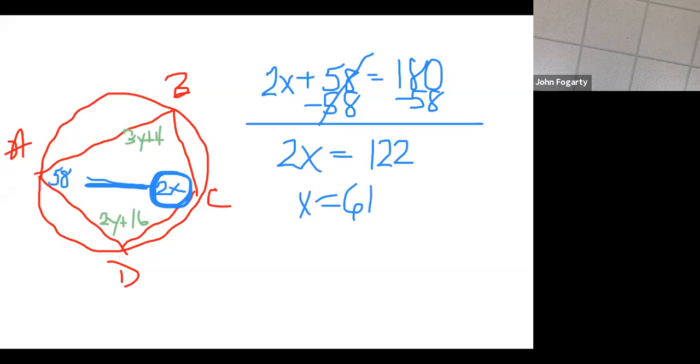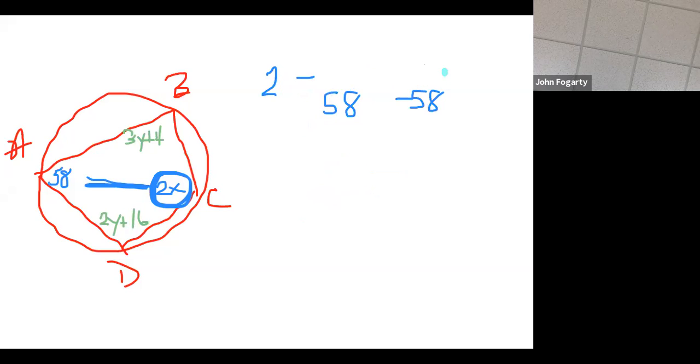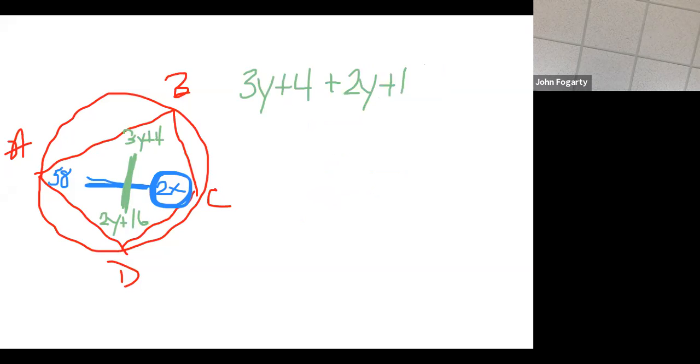Now, let's do the green numbers. Let's figure out what Y is. Well, I can only use Y's with Y's, so I know that angle B and angle D are supplementary. So B, 3y plus 4, plus 2y plus 16 equals 180. All righty, combine your like terms. What's a 3y and a 2y? 5y.